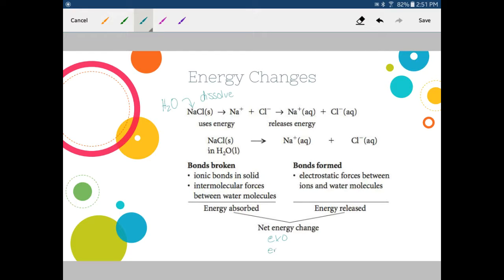If it's endothermic, it's the opposite: the energy absorbed to break those bonds is greater than the energy released from new bonds being formed. So we need to consider that as we go through and understand that when we create certain acids and bases, especially when we dissolve them in solution, we can get an endothermic or exothermic reaction.